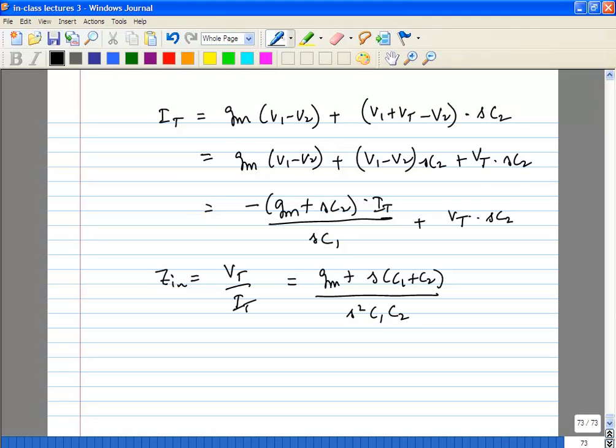So you get S square C1 C2 here and you get an extra C1 plus C2 there.